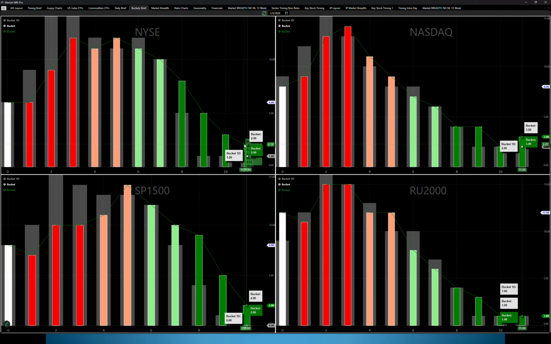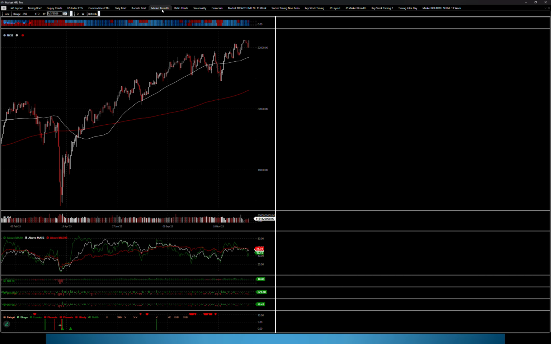And think about this. We're putting this all together and giving you what I believe is the best all-in-one workflow for top-down analysis. Market breadth. This is where we started. This one takes a while to load. Praveen is working on caching what's sitting in the bottom. That will speed it up.